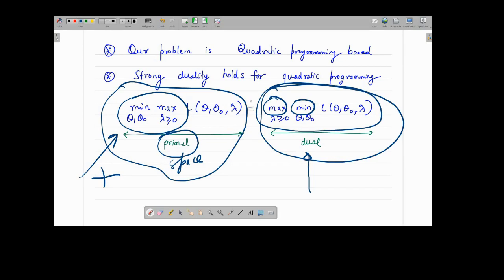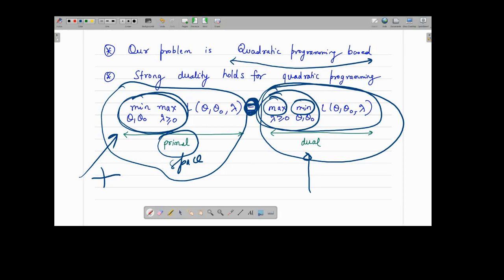And the problem is this equality. The discussion is, can we actually replace min-max with max-min or not? That is the main question. This equality can hold if you are solving a quadratic programming optimization framework. You know that you are already solving for theta 1 square plus theta 2 square plus theta 3 square, so that is actually quadratic programming.